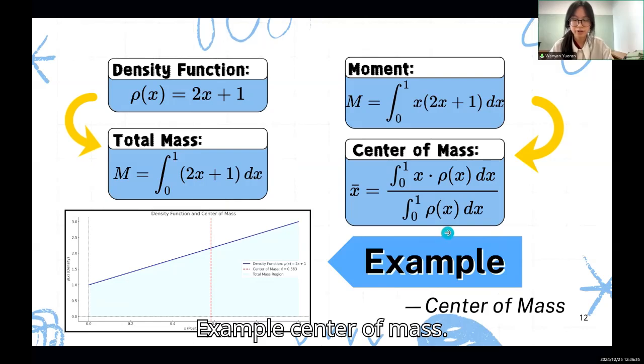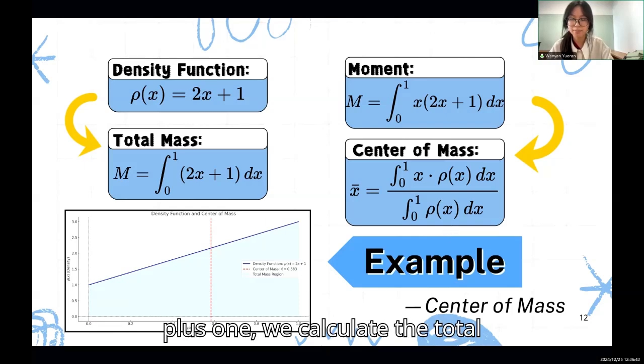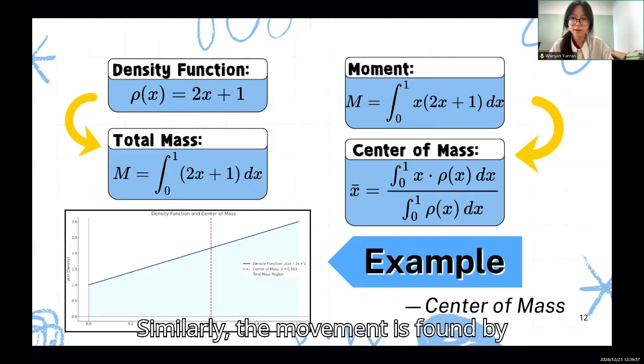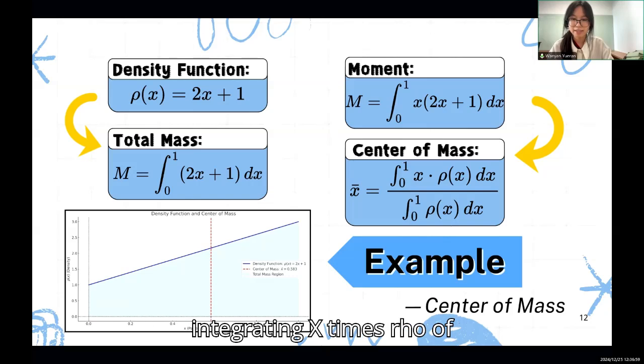Example, center of mass. For a density function rho(x) equals 2x plus 1, we calculate the total mass by integrating rho(x) from 0 to 1. Similarly, the moment is found by integrating x times rho(x) over the same range.